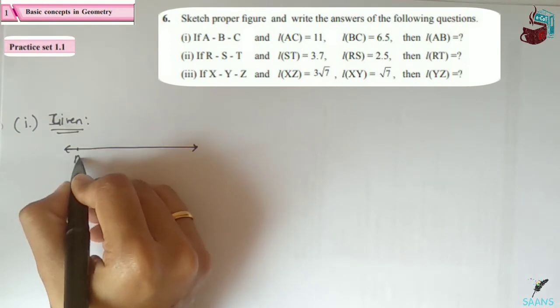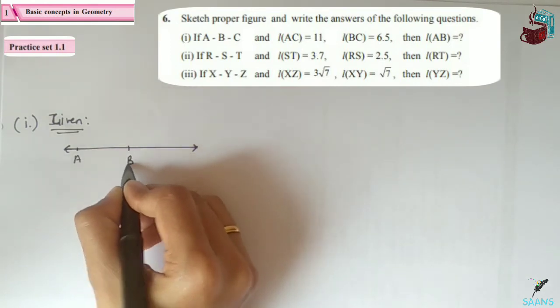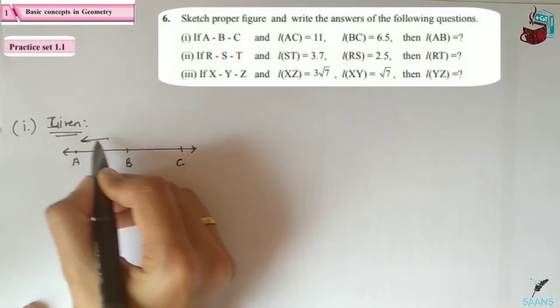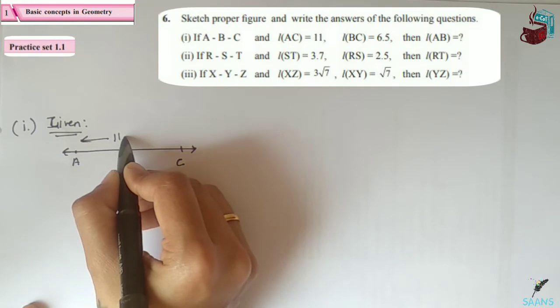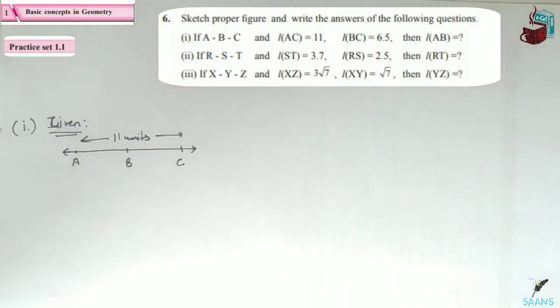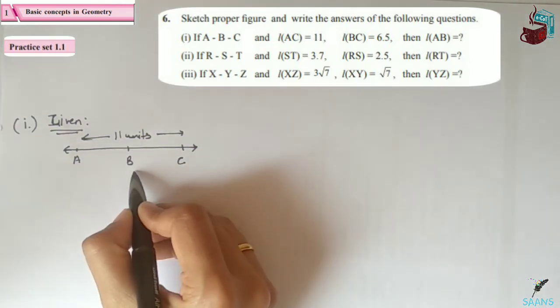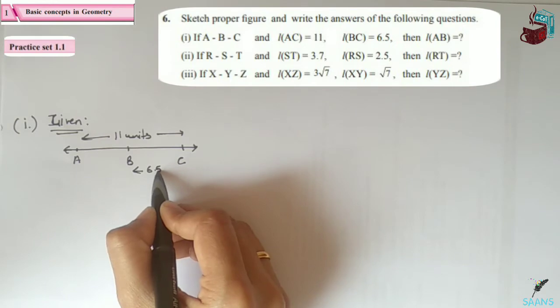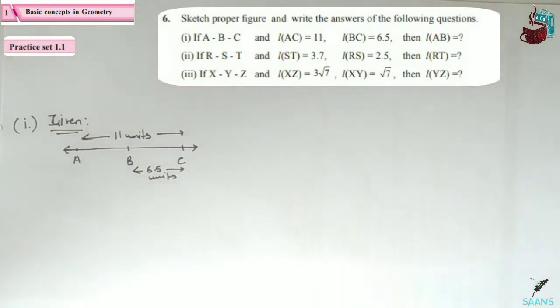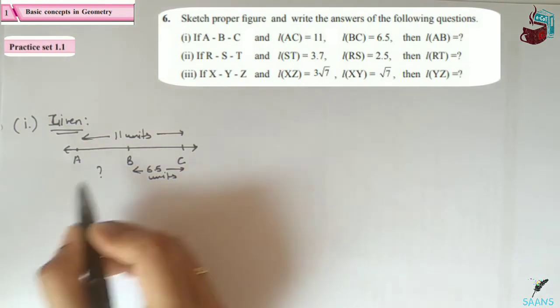So length AC is equal to 11 units. BC is equal to 6.5 units. Now they are telling us to find length AB.